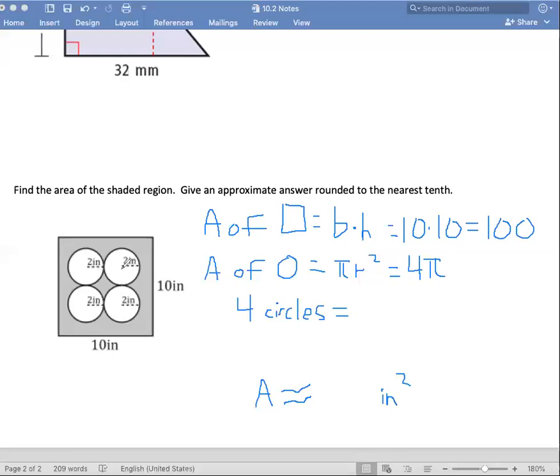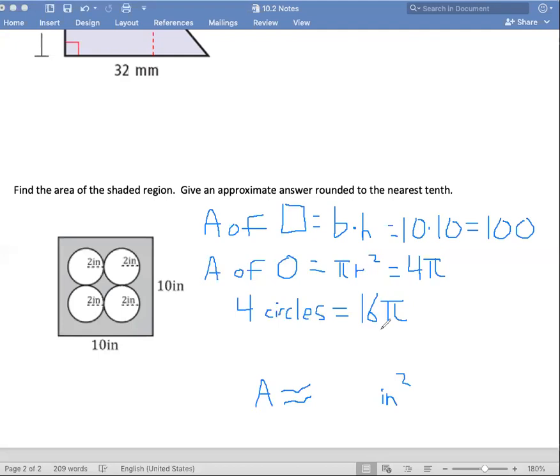But as we can obviously see, there's not just one circle, there are 4 circles. So therefore, we're going to take this value, the area of one of the circles, and multiply it by 4. So 4 pi times 4 is going to give us 16 pi. That represents the area of the 4 circles. And then the last thing we're going to do, and this has been a common student mistake that I've seen throughout the years of teaching this, is that students get here and they're not sure what to do.